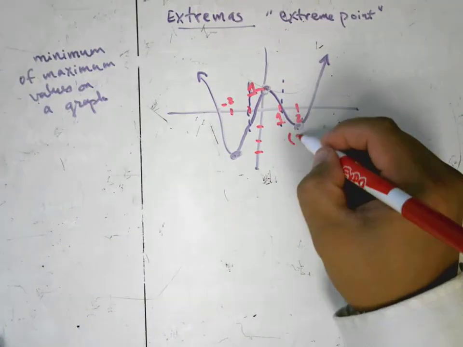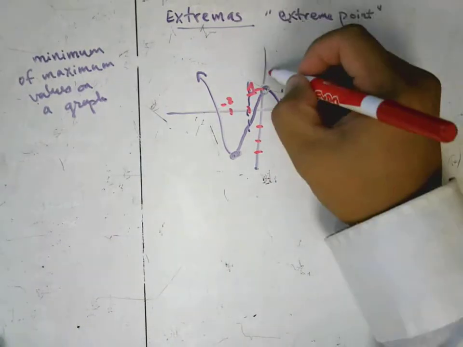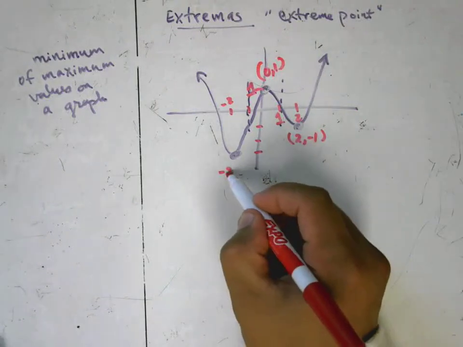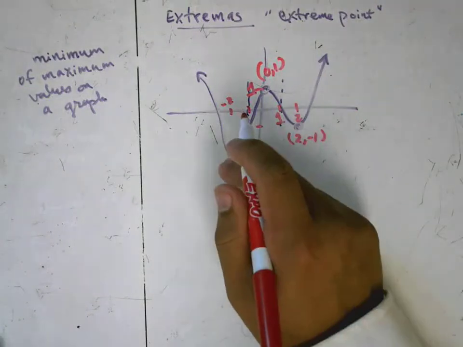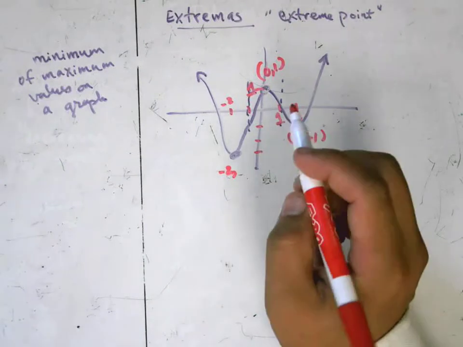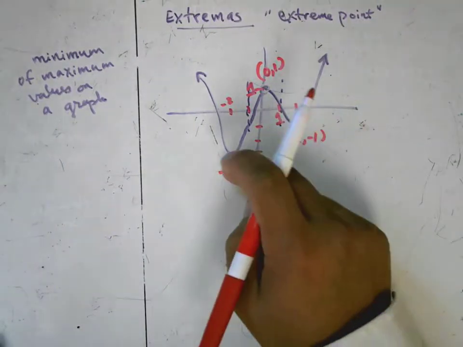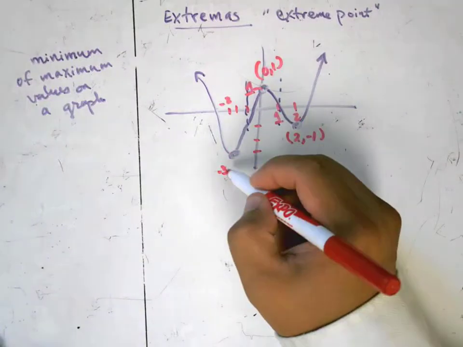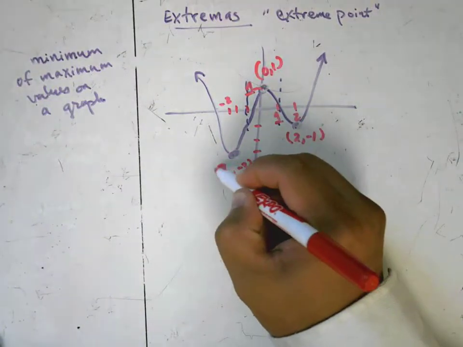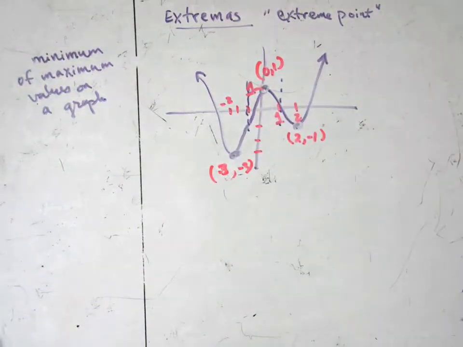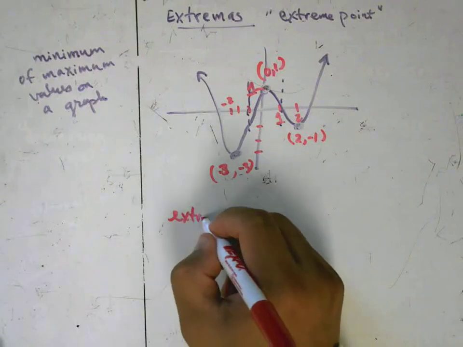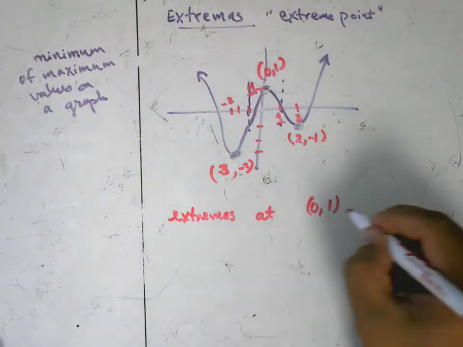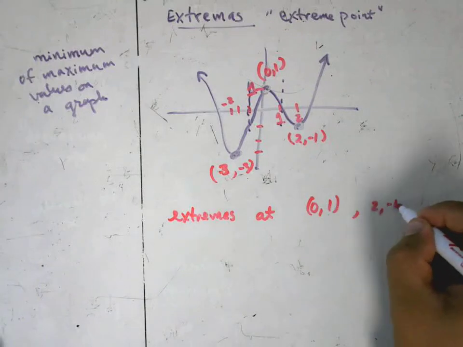This point up here is (0, 1). This point over here is (-3, -3). So we say that these have extrema at (0, 1), (2, -1), and (-3, -3).